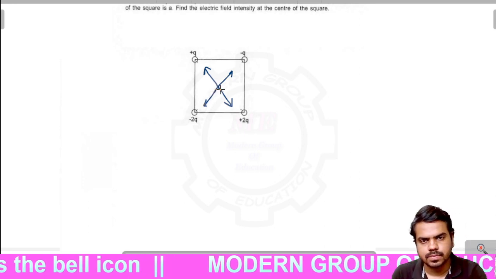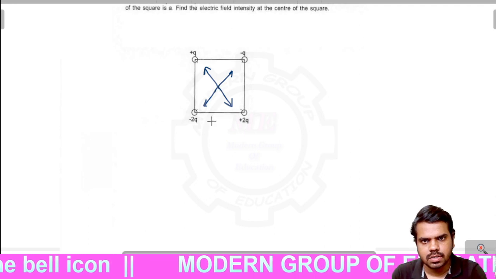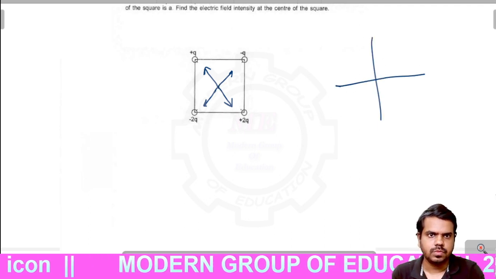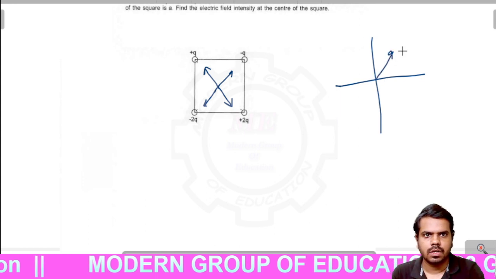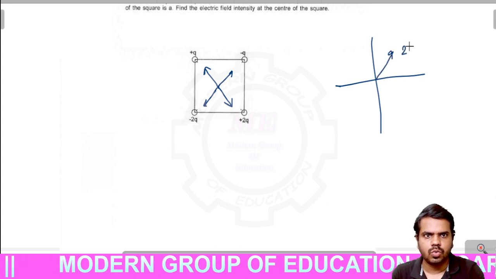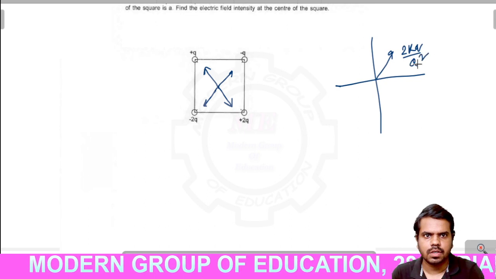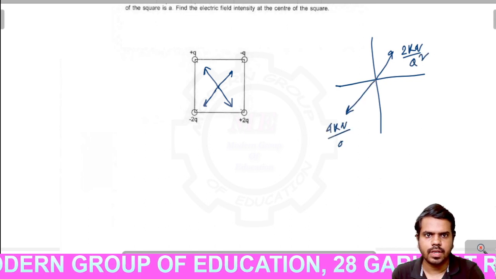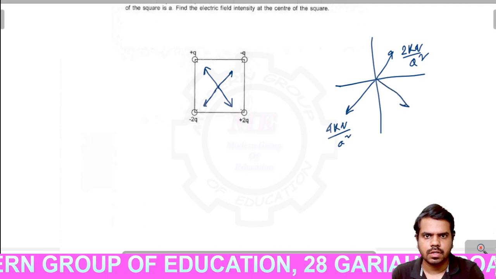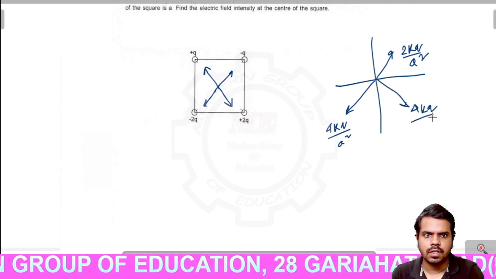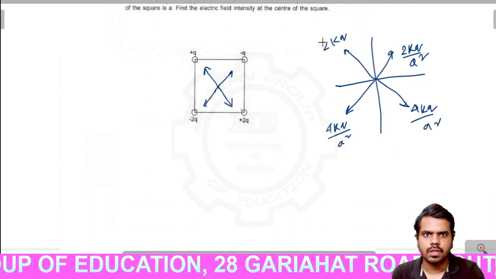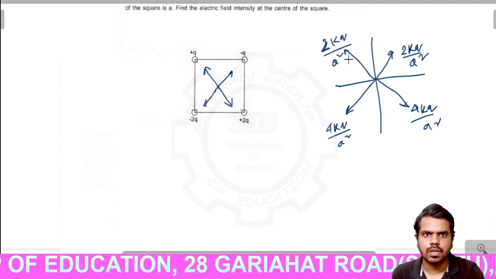One is in this direction, here 2kq by a square, here 4kq by a square, here 4kq by a square, and here 2kq by a square.